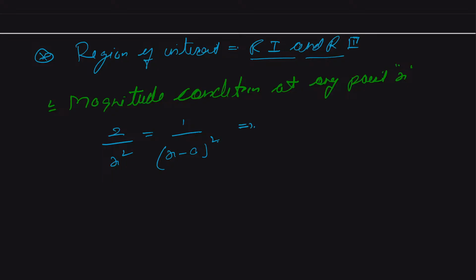And we can write this equation as x square minus 4ax plus 2a square is equal to 0. Or from here we can write that our x is equal to a times 2 plus minus square root of 2.